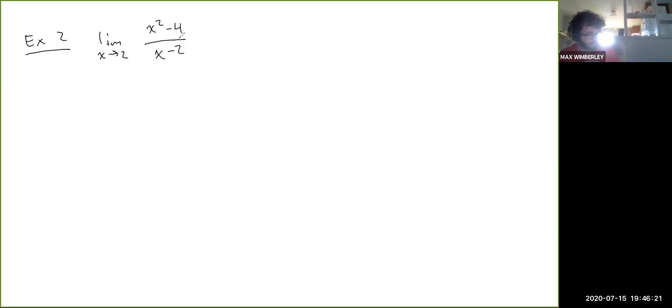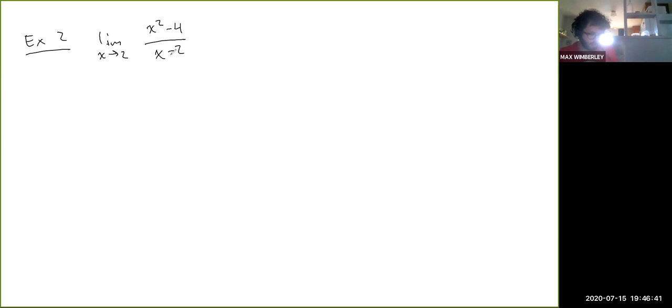Example 2 here is taking the limit as x approaches 2 of (x squared minus 4) over (x minus 2). You've probably seen something like this before, especially when you learn to calculate derivatives, since this is something you might calculate as the derivative of the function x squared minus 4 at x equals 2.